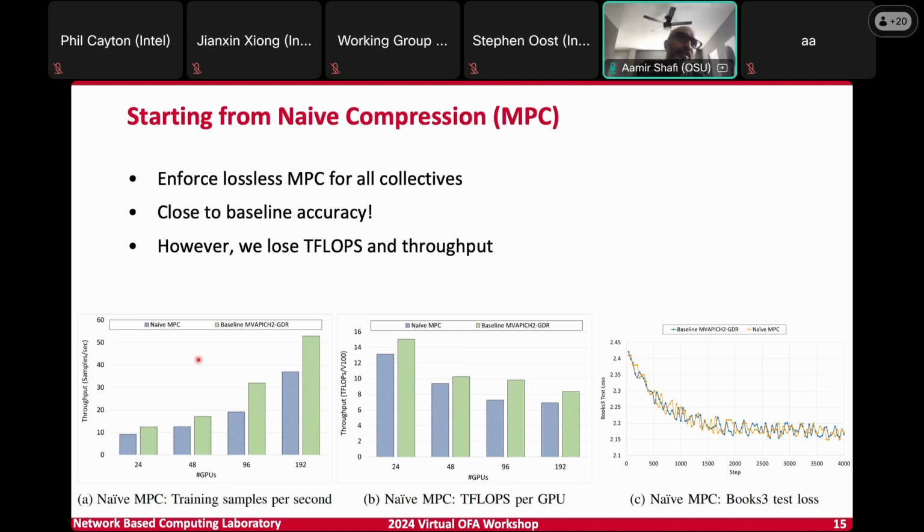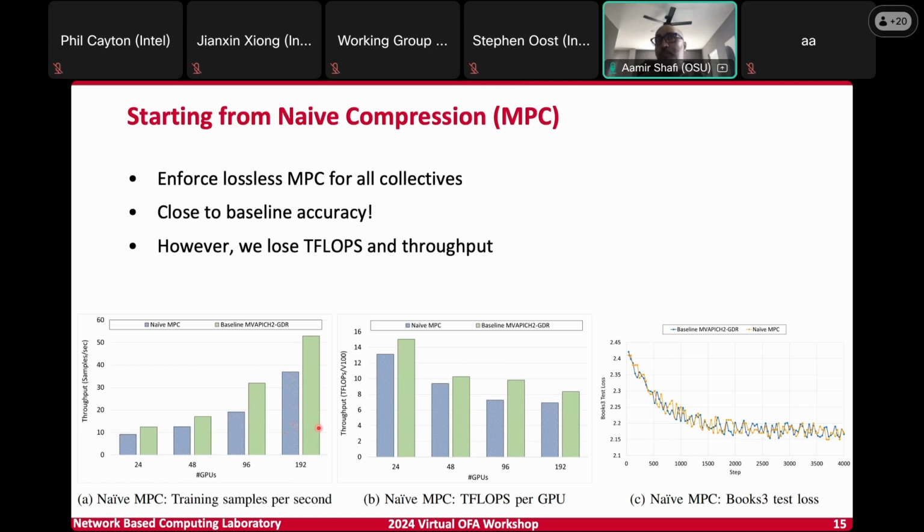But when we look at the throughput in terms of TFLOPs per GPU, the lossless version is actually doing worse than the baseline. This blue bar is lower than the green line. So yes, it's giving me the best accuracy.